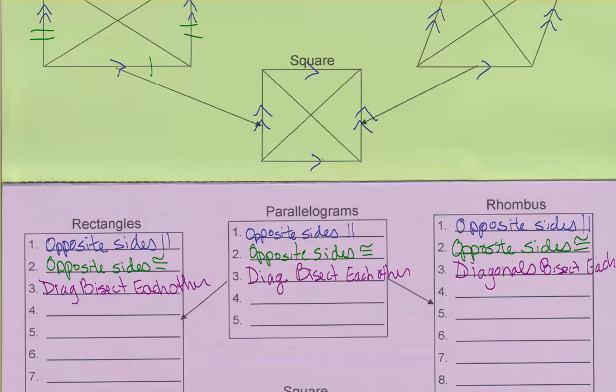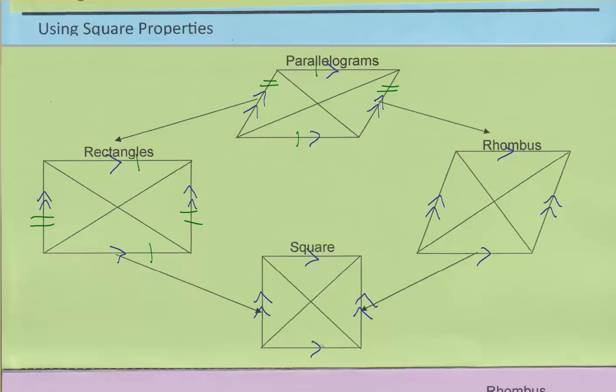Okay, so basically what that means is that these diagonals go making an X in the middle of these, they split each other in half. So that means that this one is split in half from this diagonal. And this one is split in half. Oh, you know what? Since this has 1 and 2, this needs to be 3. Sorry. And this needs to be 4.